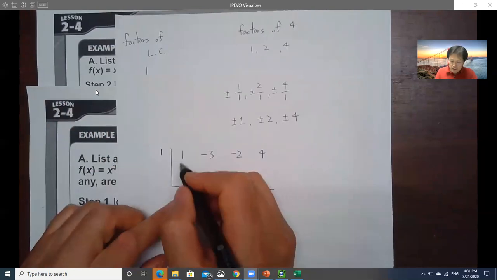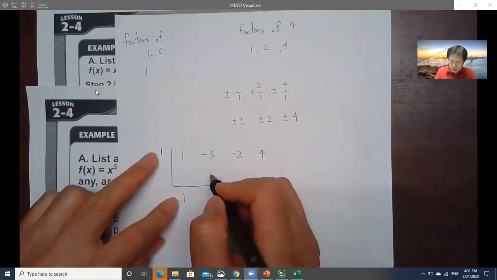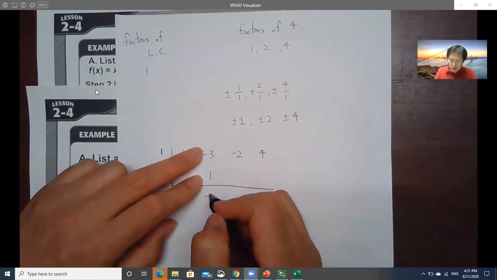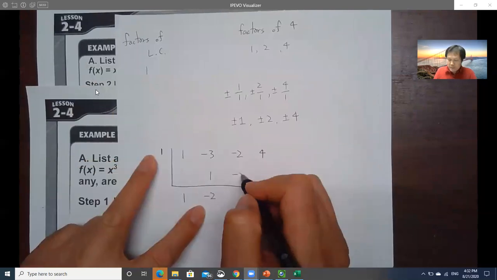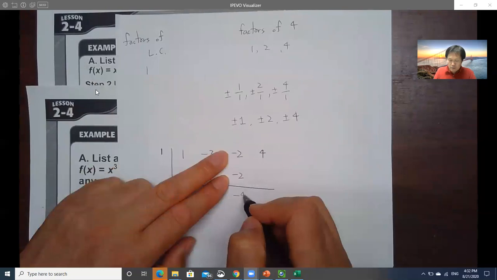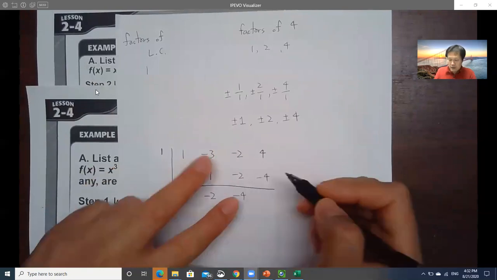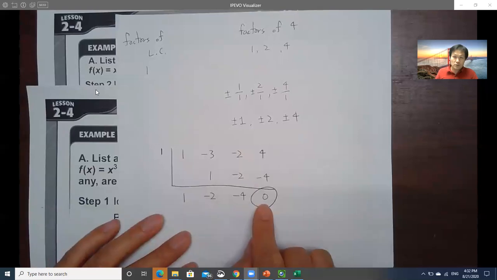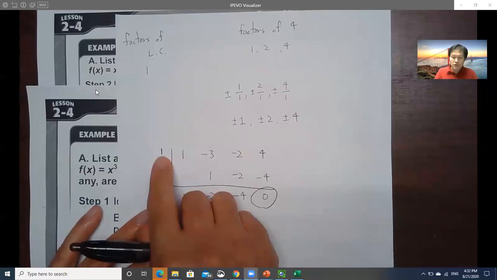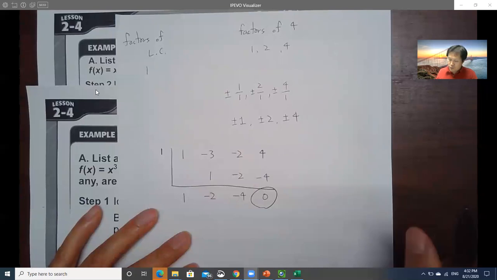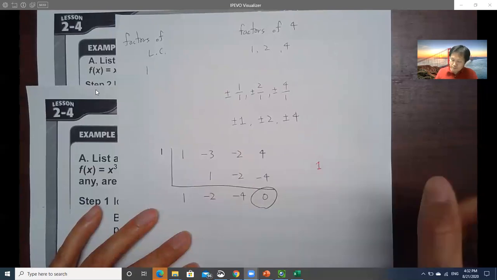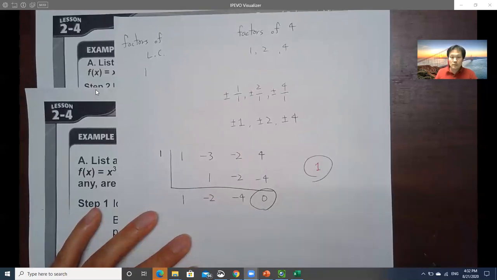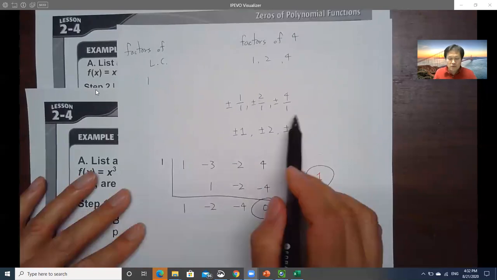Synthetic division: adding, multiplying, adding, multiplying, adding, multiplying, adding. We got the 0, so 1 was an actual zero. We got lucky. Well, we have 5 more to go.